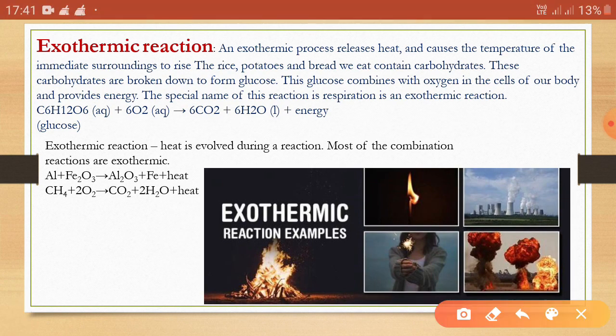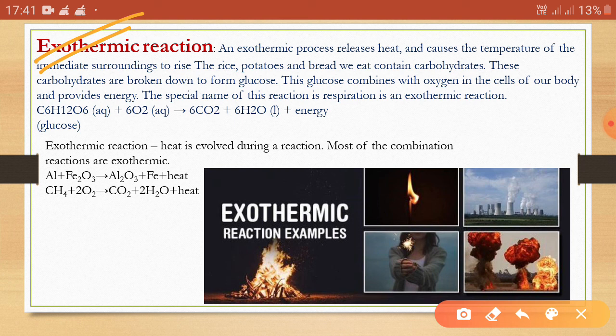What is an exothermic reaction? An exothermic reaction or process releases heat and causes the temperature of the immediate surroundings to rise. When we take rice, potatoes and bread, we eat carbohydrates.